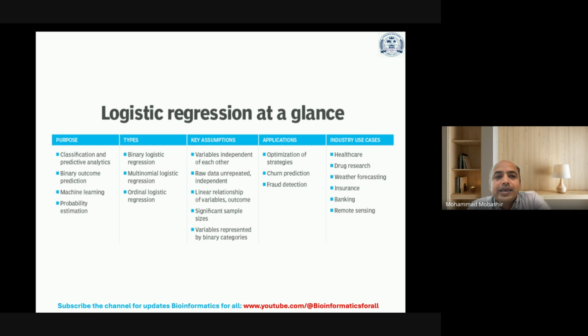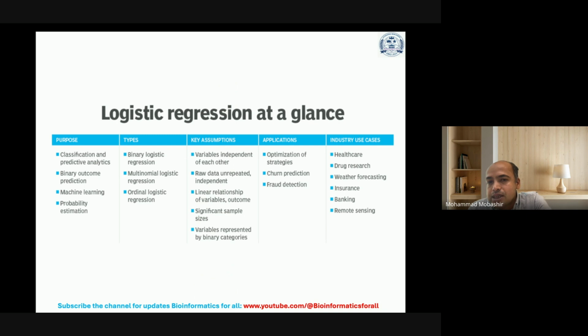Now, here is a summarized understanding of logistic regression. That is, purpose: it is used for classification and predictive analytics, binary outcome prediction, machine learning, and probability estimation. Types: three types, binary, multinomial, and ordinal. Then key assumptions: variables independent of each other, raw data unrepeated, linear relationship of variables to the outcome, sigmoid, significant sample sizes, variables represented by binary categories.